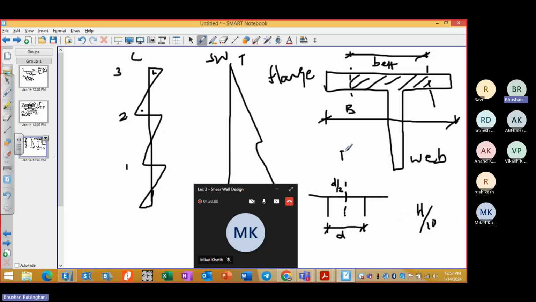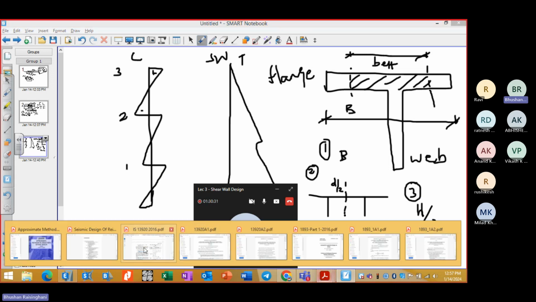So either I will take B, or I will take 1/2 of the distance between two webs, or I will take H by 10. The minimum of the three will be equal to your B effective. That is how you will find the flange width that will participate in the resistance. I hope this important criterion is clear now.